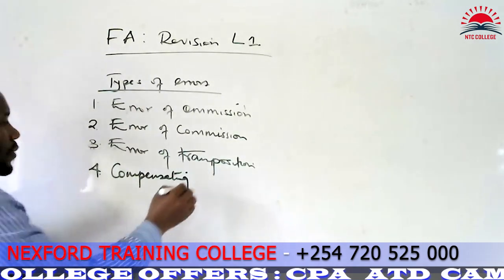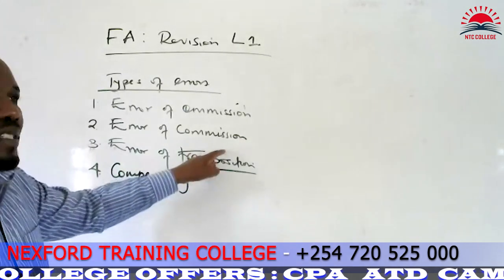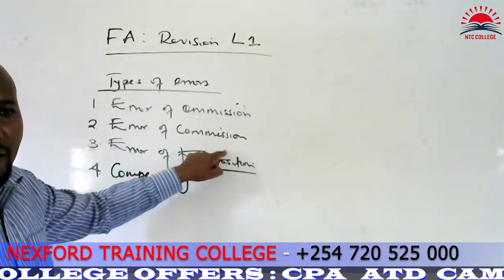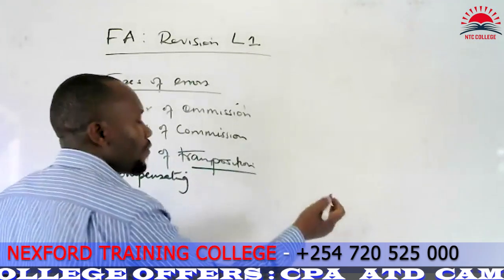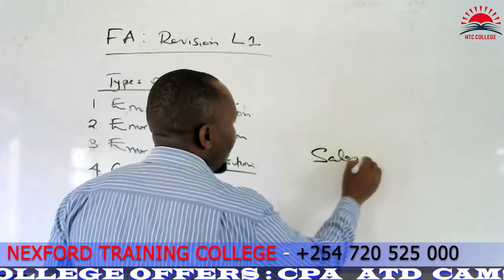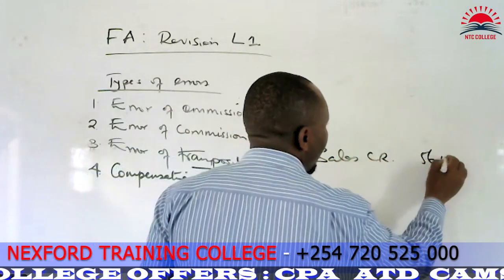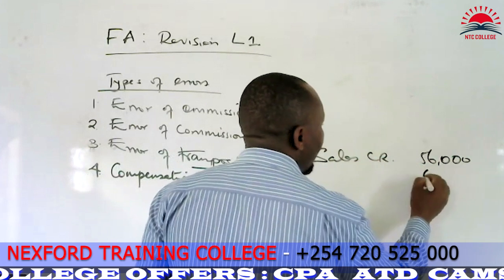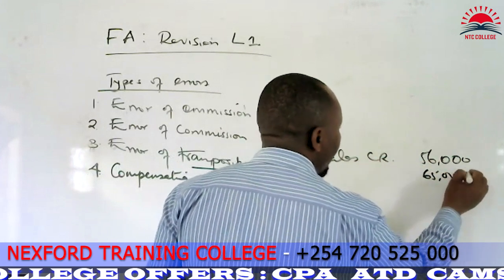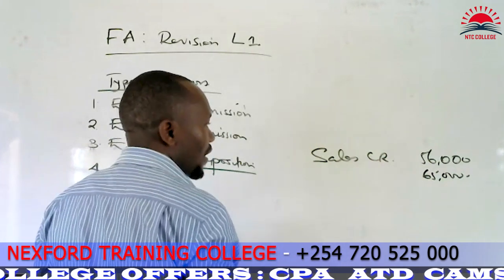So again, transposition error you will not realize. If you're using a system, you will not realize that this one has happened through trial balance. Why? Because the system will request you, whenever you are having the figure, for example, you post sales, you'll credit sales with maybe 56,000, which actually should have been 65,000, but you posted 56,000. The system will automatically request you for the contra entry account.